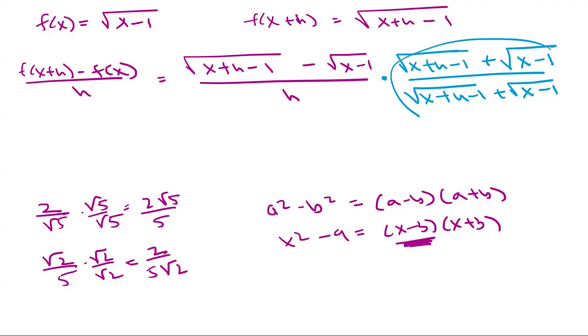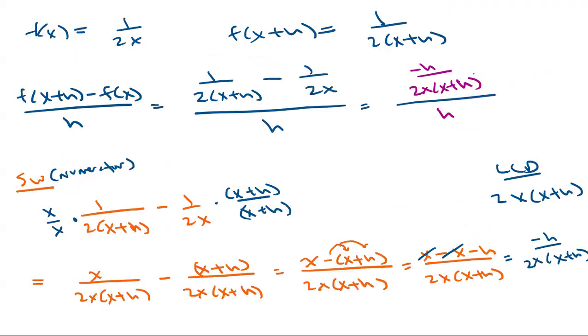This whole thing here is equal to 1, so I'm basically multiplying by 1. Notice that this is going to be my a minus b, and this is going to be my a plus b.